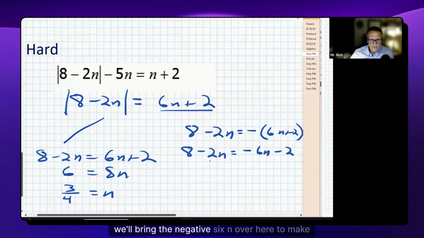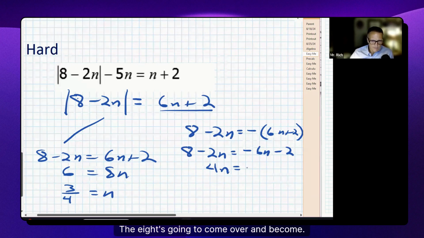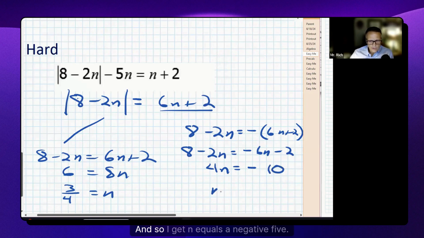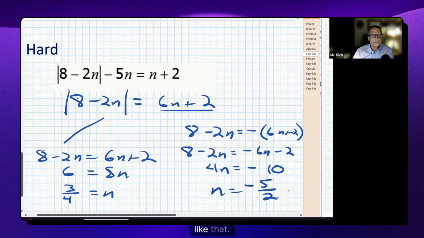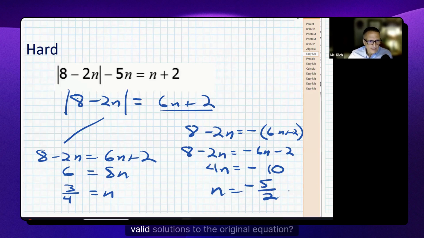Now we'll bring the negative 6n over here to make this 4n. The 8 is going to come over and become a negative 10. And so I get n equals negative 5/2, like that. Now the question becomes, are both of these valid solutions to the original equation?